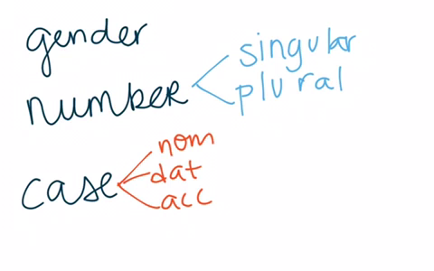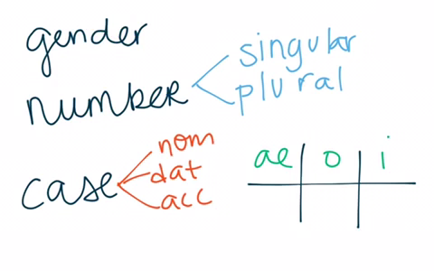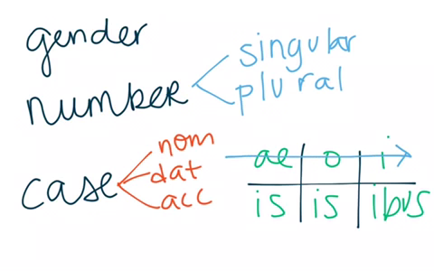Okay, so like think about your noun chart. If you have, say, the dative case, A-E-O-I, yes, that's a dative. Is, ibus, tells you 2 or 4. Right, this top row here is singular. This bottom row here, that's plural.